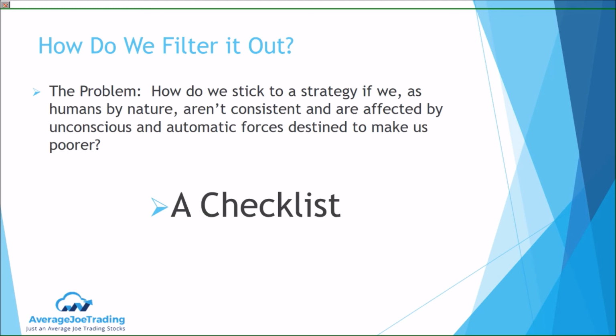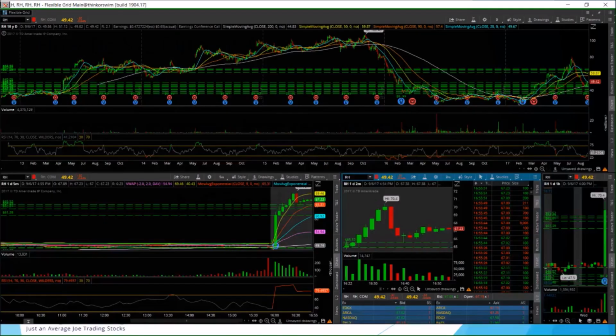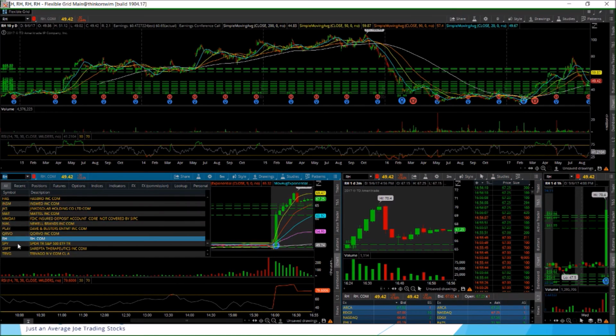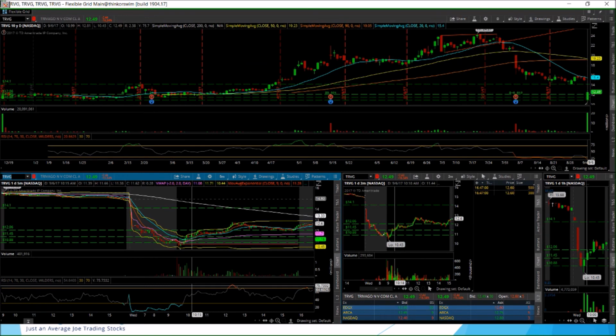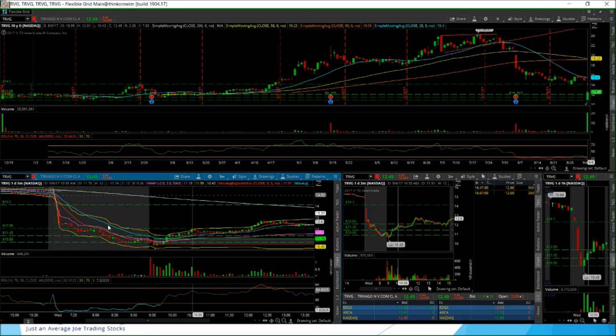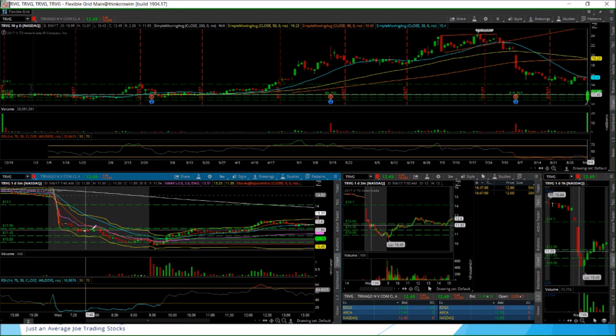TRVG was setting up beautifully pre-market. It was setting up beautifully. Let me bring that chart back up real quick. Okay, you can see down here, it was setting up beautifully right here at 8 o'clock.